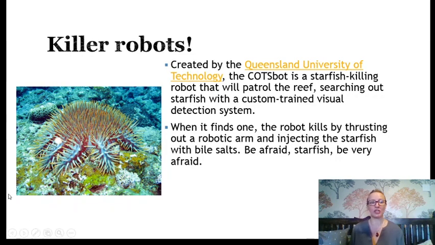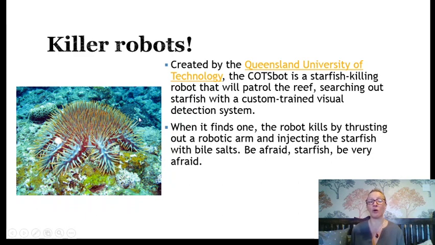Killer robots. So this is the crown of thorns starfish, otherwise known as COTS. And they decimate coral reef populations. So lots of coral species are in danger because of the crown of thorns starfish. And the reason why we've got very, very large numbers of the crown of thorns starfish is because of eutrophication.